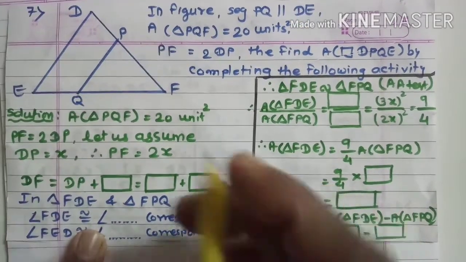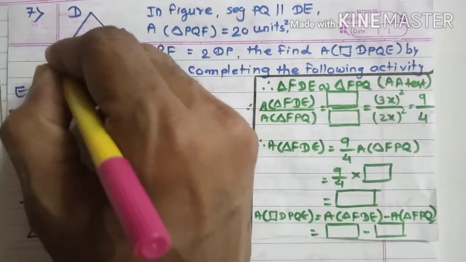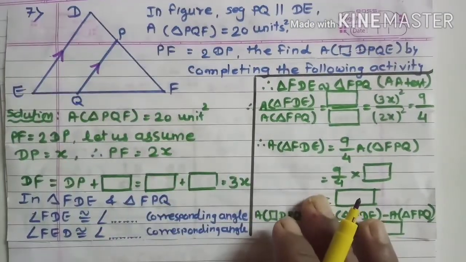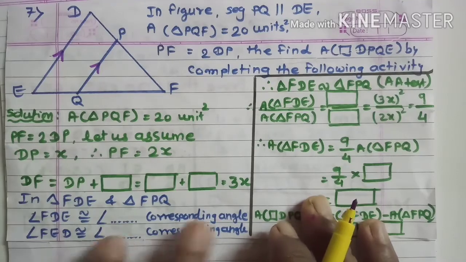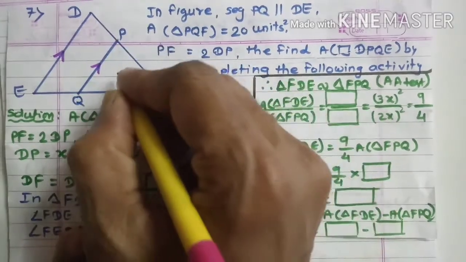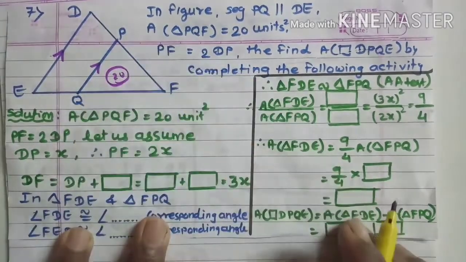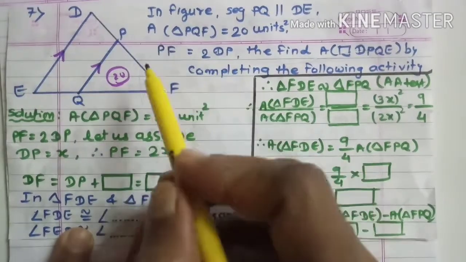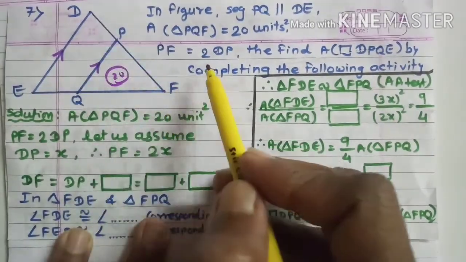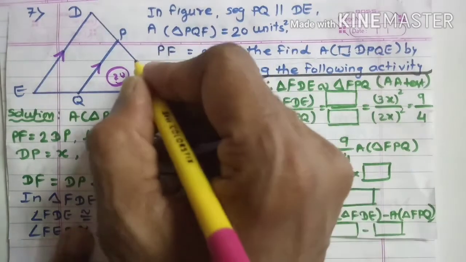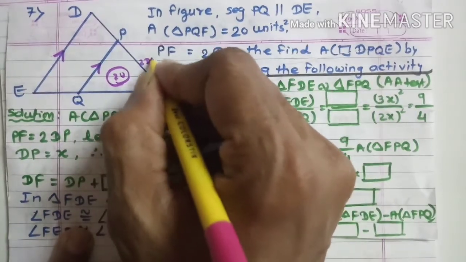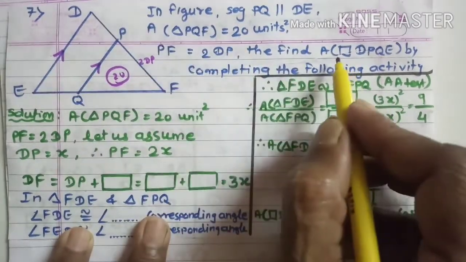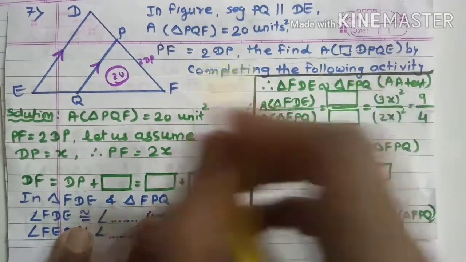Okay, so PQ is parallel to DE. Area of triangle PQF is 20 unit square. PF is equal to 2 DP. Okay, find area of quadrilateral DPQE.